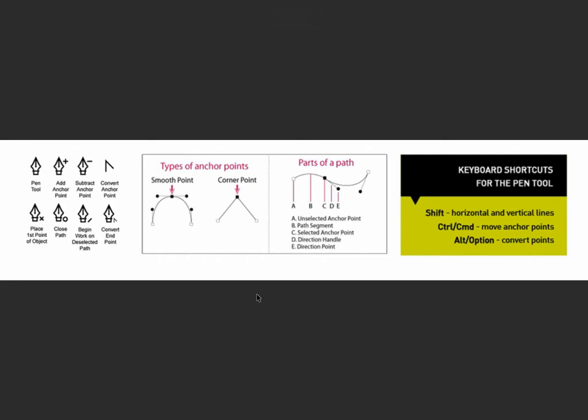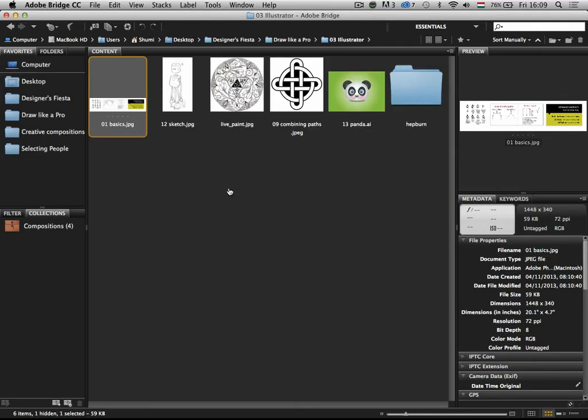When you click, you create corner points. When you click and hold and drag, you create smooth points. And that's when you start to create these curves. Each curve will have anchor points, so between the curves you will always have anchor points. Essentially, it's all about creating these paths, the curved segments, when you are drawing.